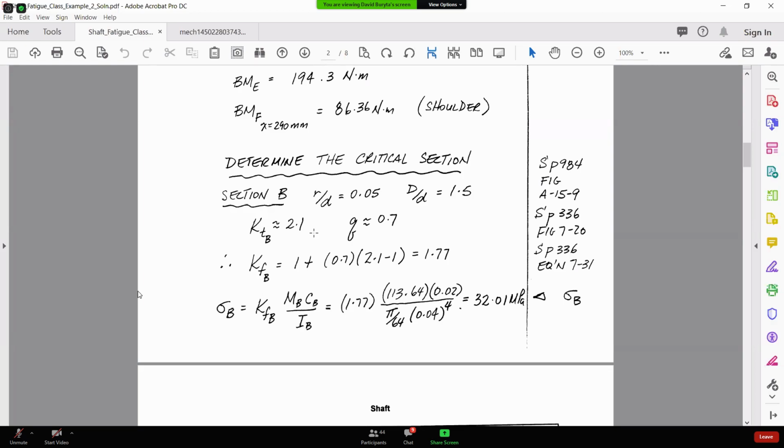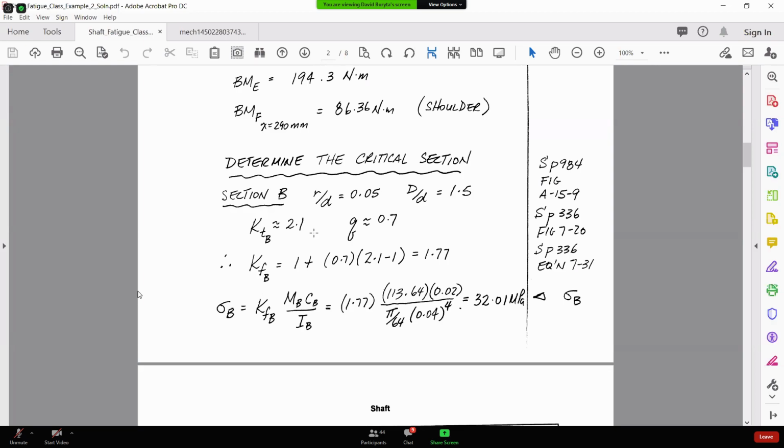So then we need to have our notch sensitivity factor, right? If you have the 11th edition, you go to figure, I think it's 6-26. And if you have the 10th edition, it's figure 6-20.